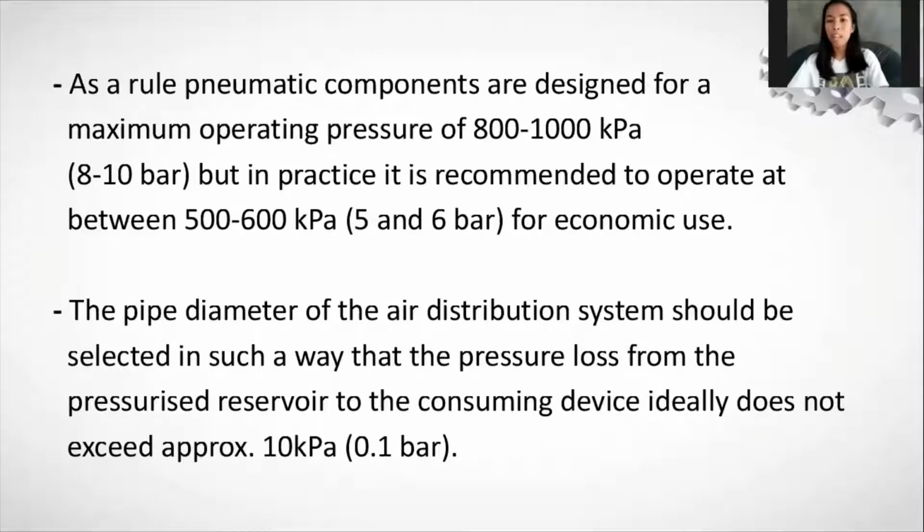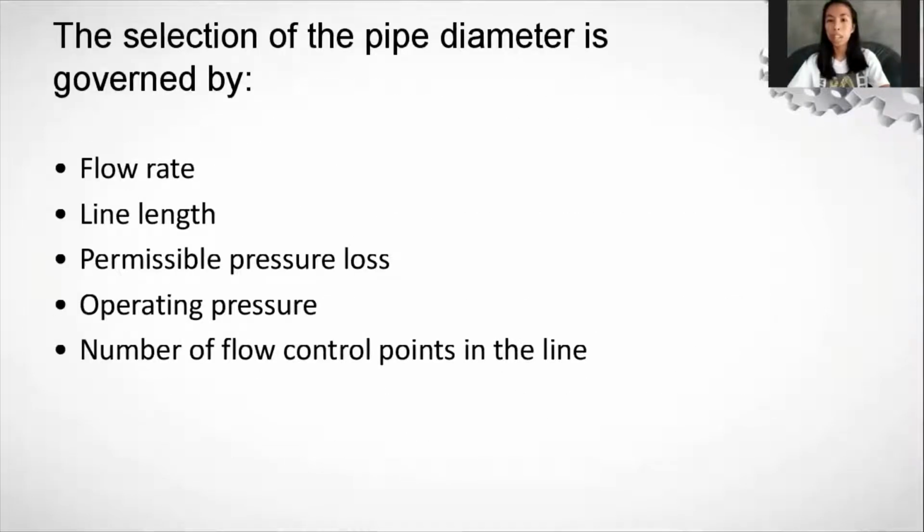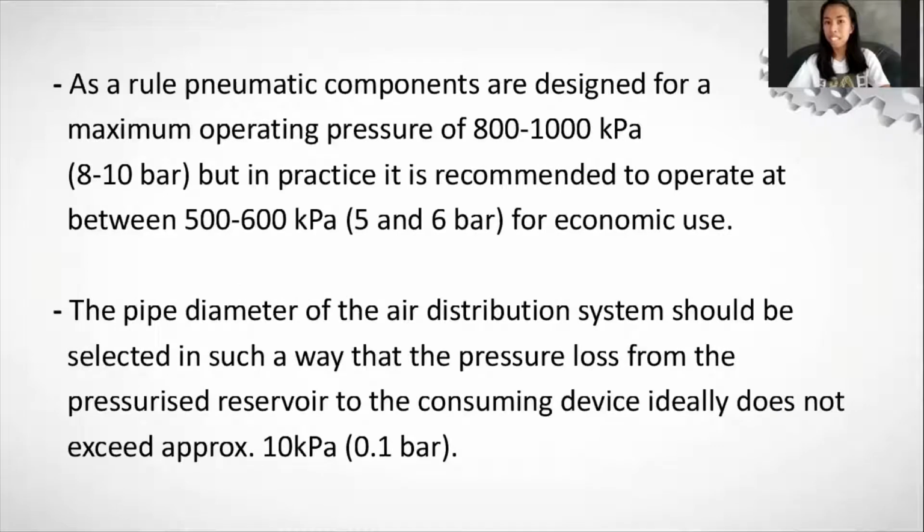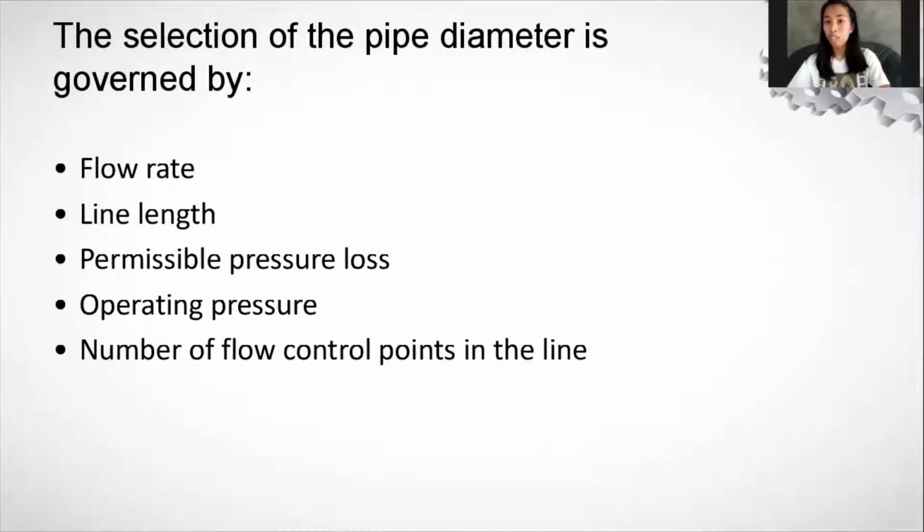The pipe diameter of the air distribution system should be selected in such a way that sineselect ang diameter ng pipe based sa flow rate, line length, permissible pressure loss, operating pressure, and number of flow control in the line.